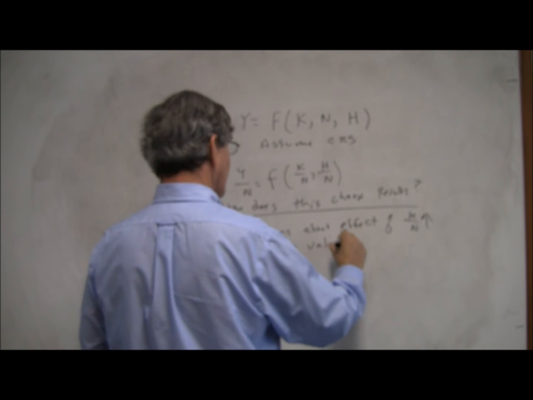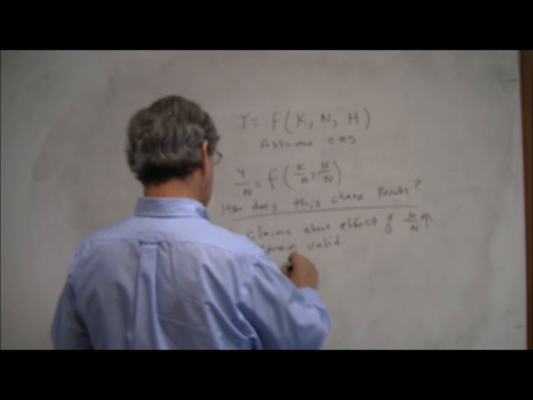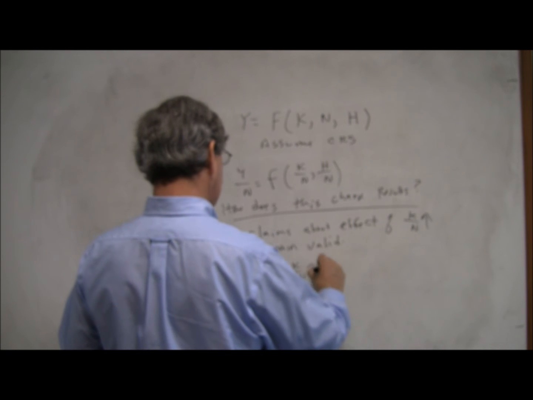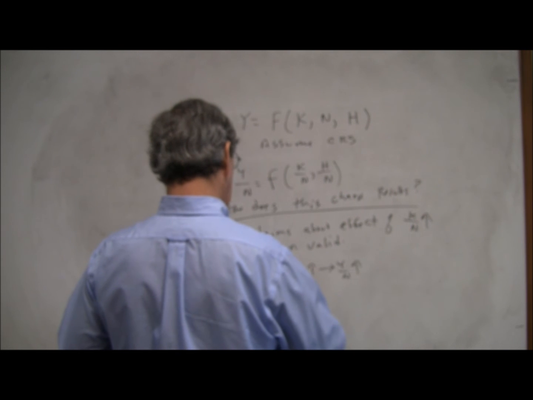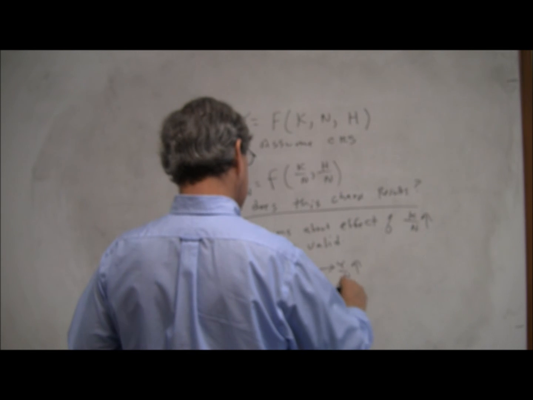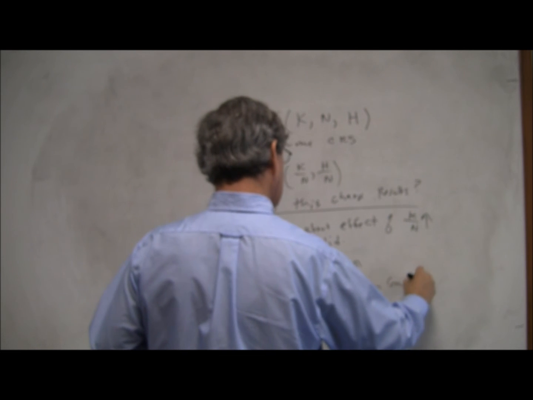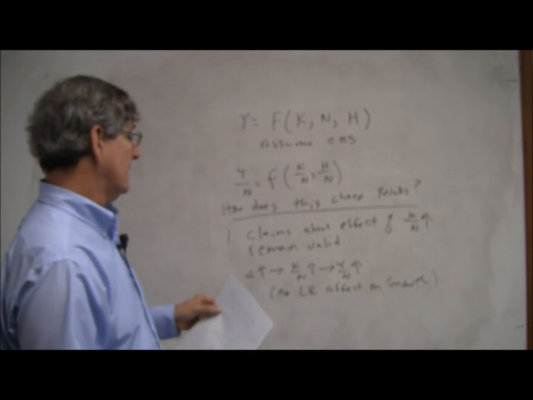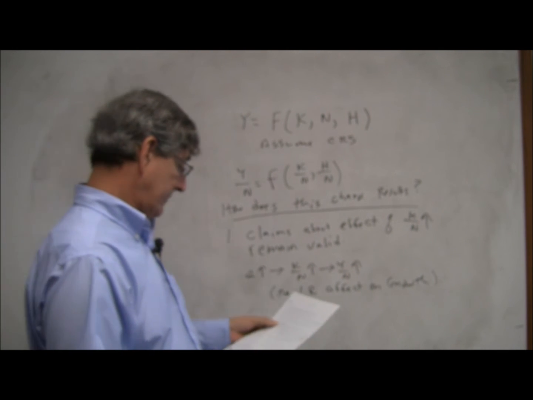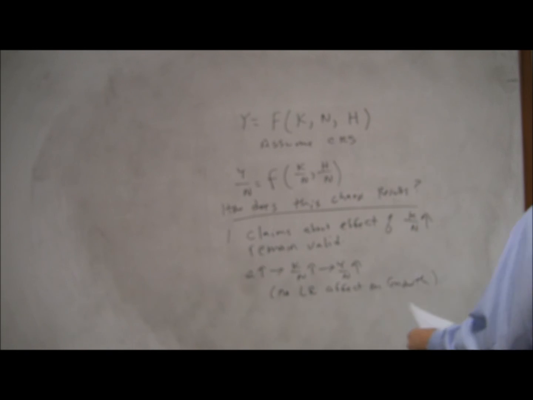They're the same as before. When S goes up, K over N goes up, and that causes Y over N to go up, but no long-run effect on growth. You just go up to a new steady state.